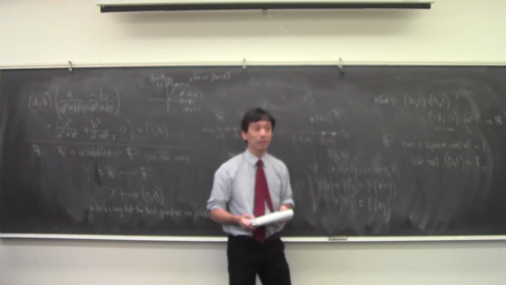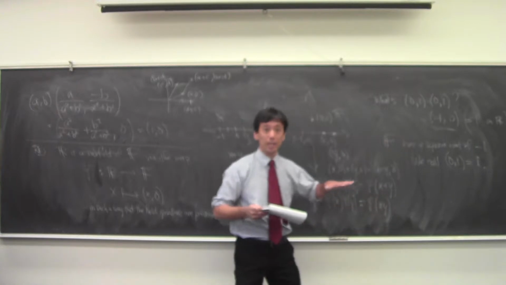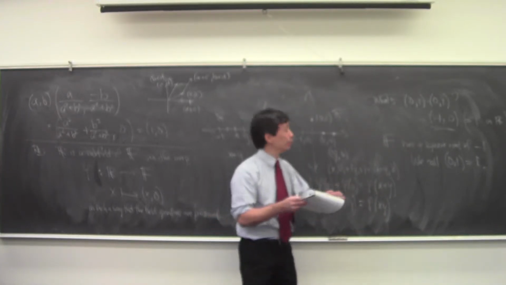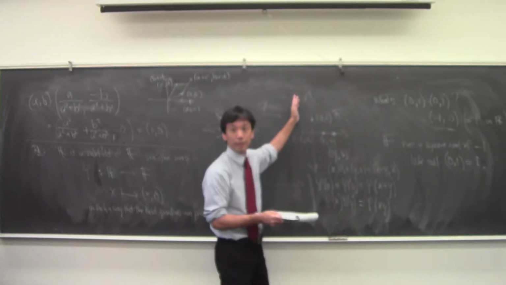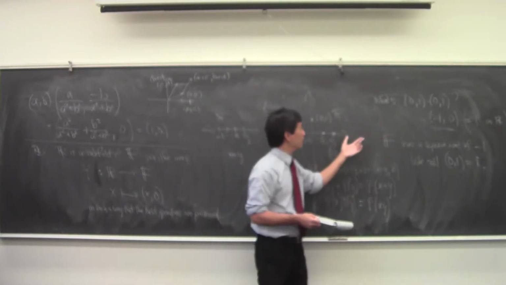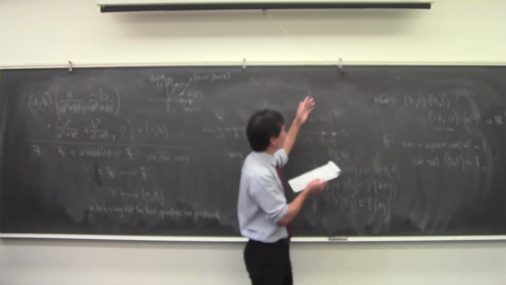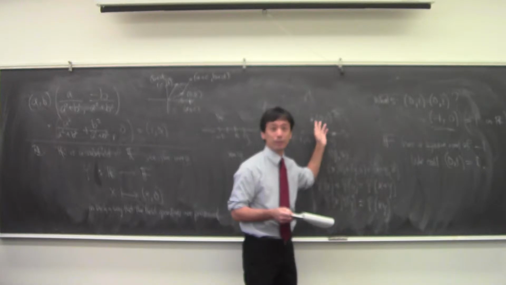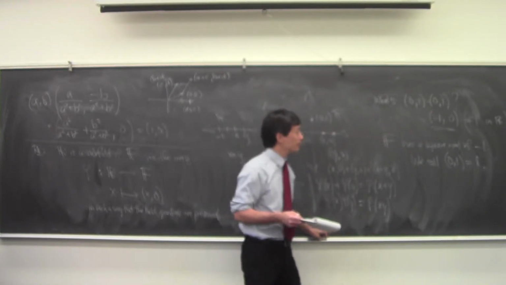Okay. So it's in this way that you take the real field and you extend it to a two-dimensional field that has square roots of negative numbers.